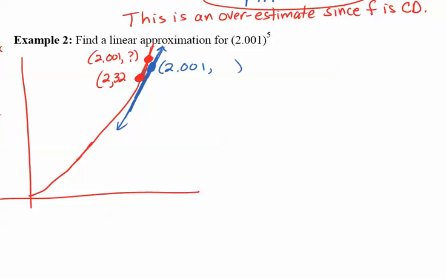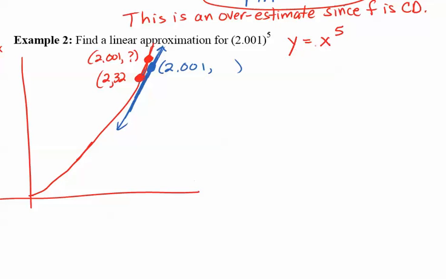And in our next example, we're going to raise 2.001 to the 5th power. Well, I'm not so fond of doing 2.001 times 2.001 times 2.001 if I had to do that arithmetic by hand.